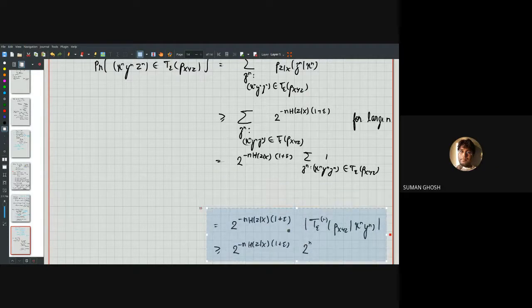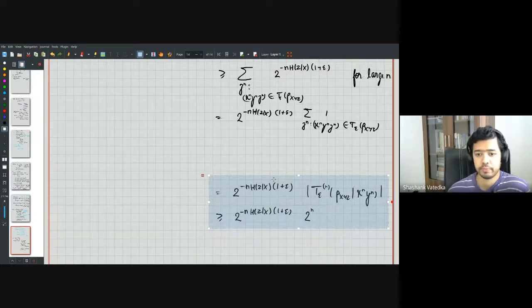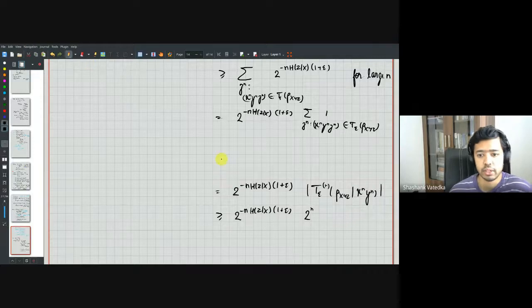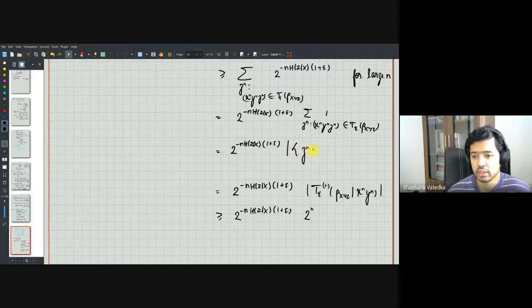Yes. So far so good. Okay, so this is 2 to the minus n times H of Z given X times 1 plus epsilon, times the number of zn, since you're counting 1 for every zn for which xn, yn, zn are jointly typical. So it is basically the cardinality of the set of all zn such that xn, yn, zn are jointly typical.